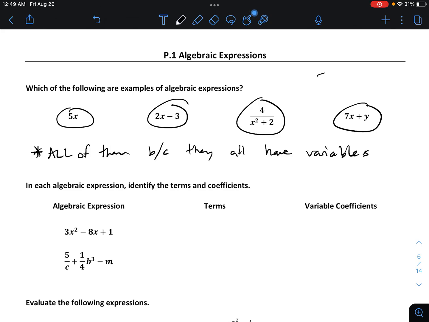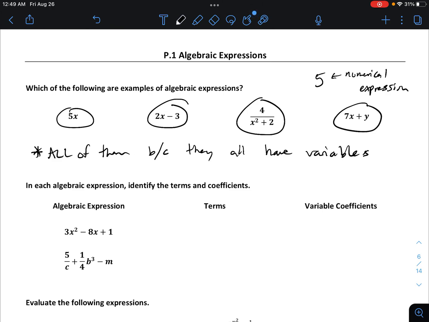All right. If you had something like 5, that is an expression, but this would actually be a numerical expression, because there's no variables. Okay, so a numerical expression is just with numbers and operations. An algebraic expression has to have variables and operations.